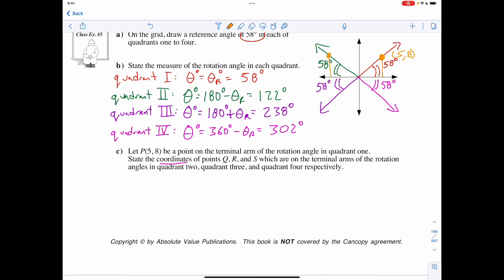Except for all that happens in quadrant 2 is my x became negative. I can rotate it downwards, keep the same right angle triangle, still 58 degrees, and my y would become negative. Or I could reflect it in the x and the y, keep the same angle, and they would both be negative.